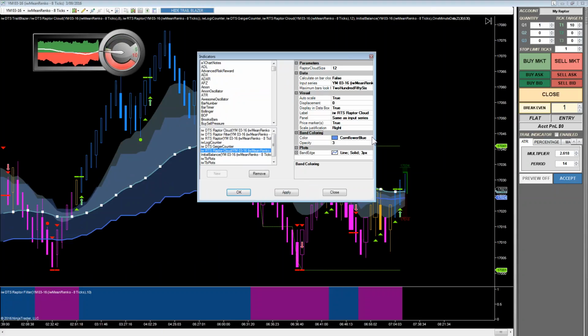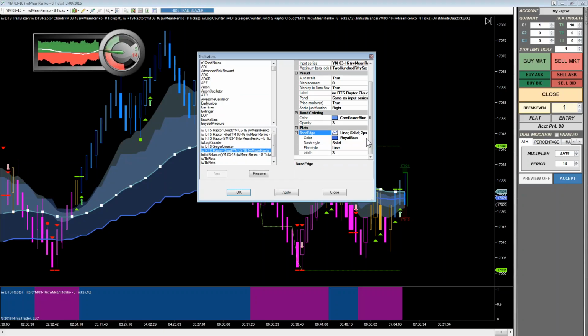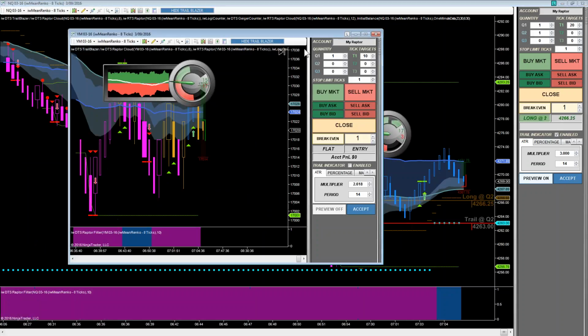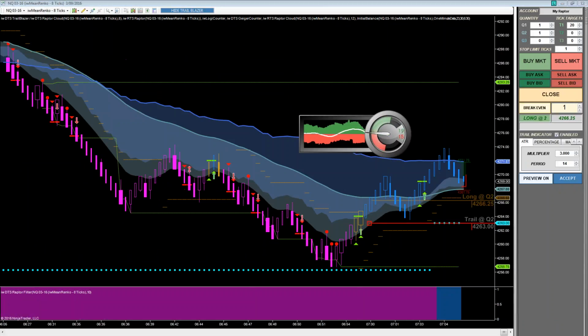I happen to have cornflower blue on my band and royal blue on the band edge. So if you want to make it pretty, but again, you can make it whatever colors you want.